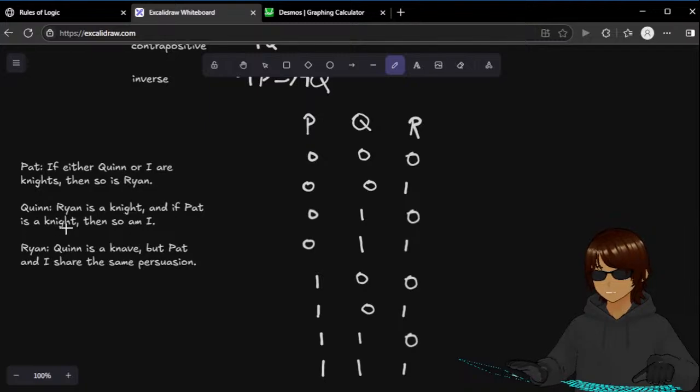If Pat is a knight, then so am I. Ryan is a knight would be false, right? Coin is a knave. Coin as a knave would be false, right? Coin is a knight. So this can't happen.